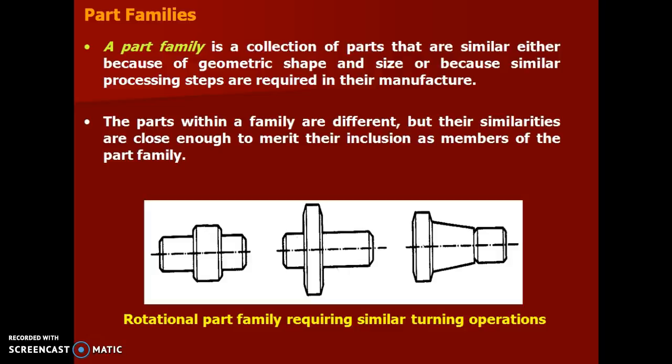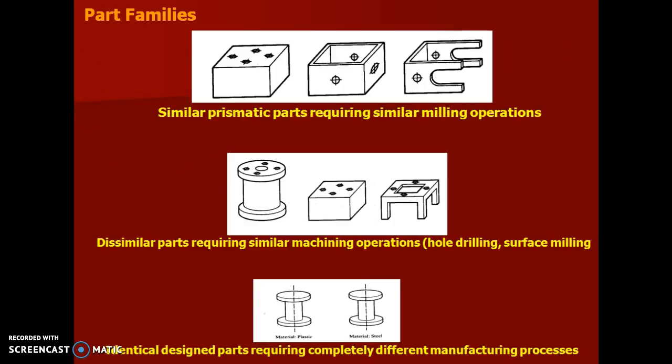You can look at the picture, which shows that these components are rotational parts requiring similar turning operations. Similarly, these are some of the part families which will have either similar design attributes or manufacturing attributes which will group them into a part family.